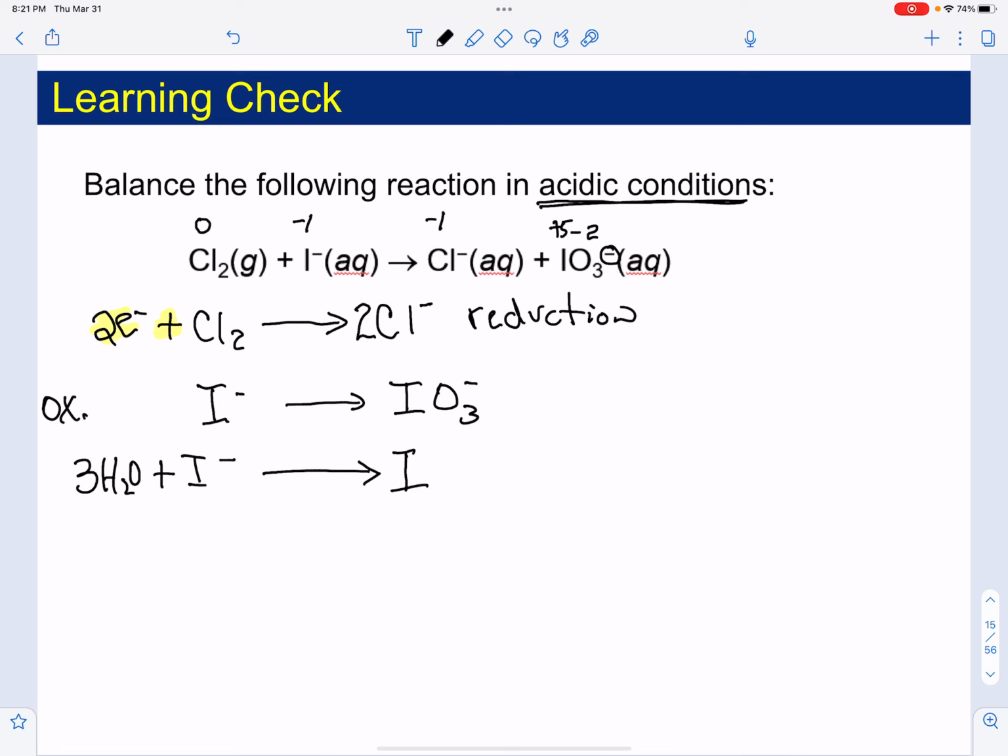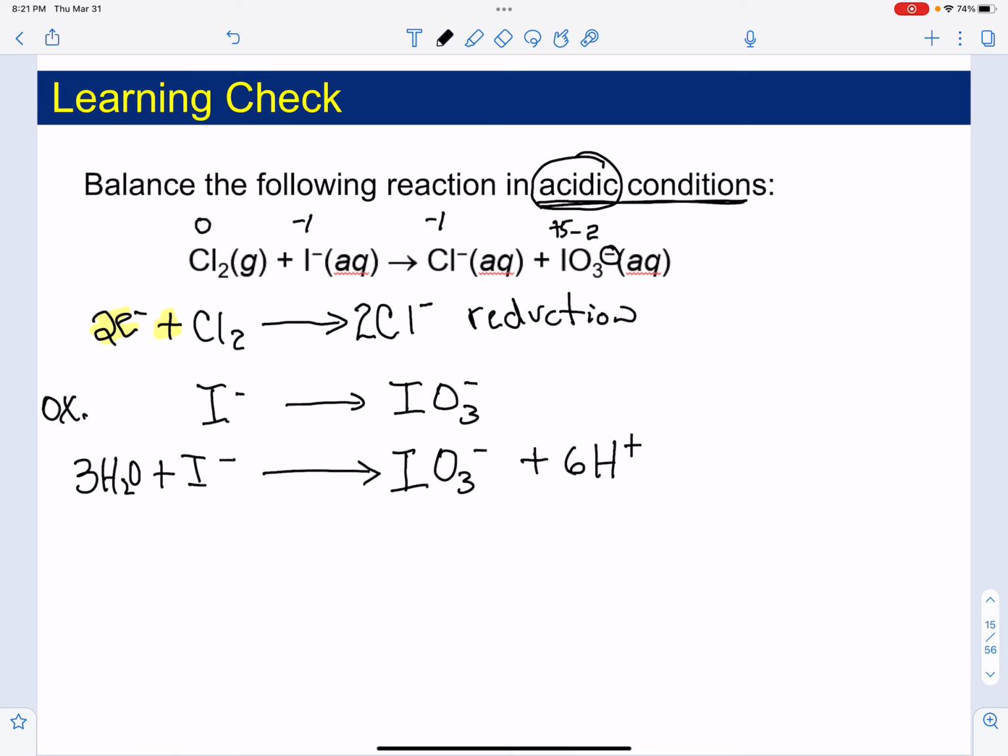So 1 iodide, 3 oxygens on the right, and 3 oxygens on the left. However, because I added water, now I have 6 hydrogens. And I'm gonna fix that by adding 6 protons. And that's why these are acidic conditions.